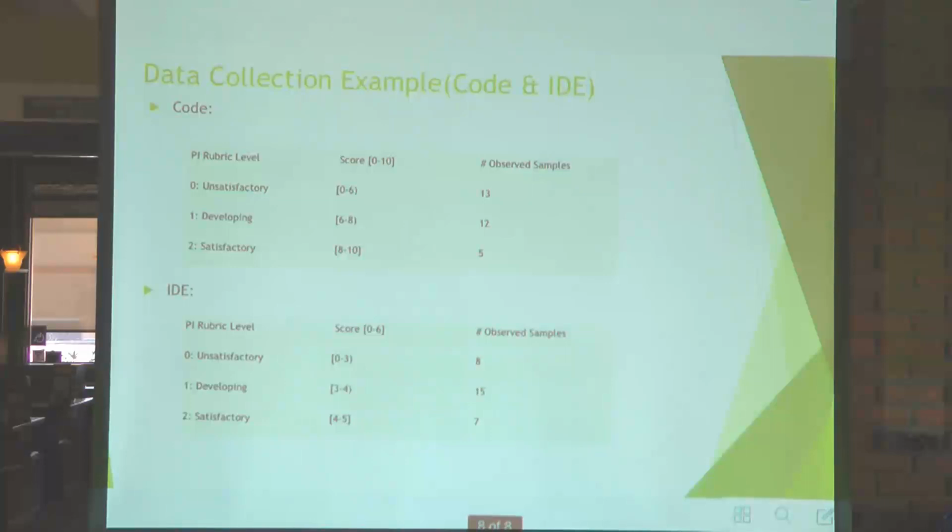Then I count the number of students in each category, and similarly for the IDE. When I was reading the IDE part on step-by-step debugging, I gave them the instructions to develop and integrate at least 3 to 6 steps.